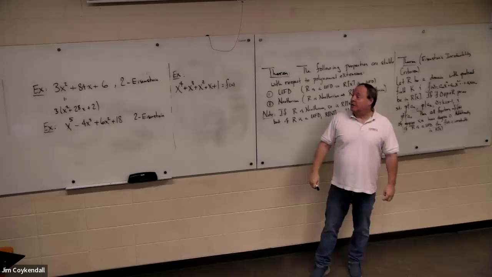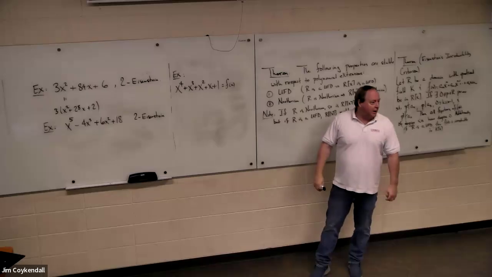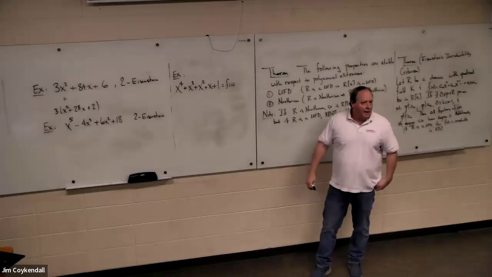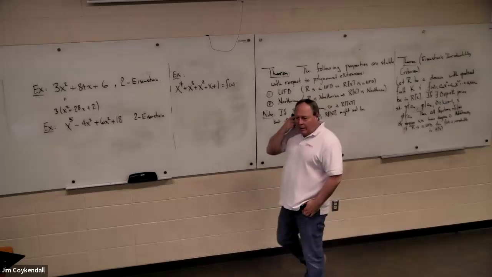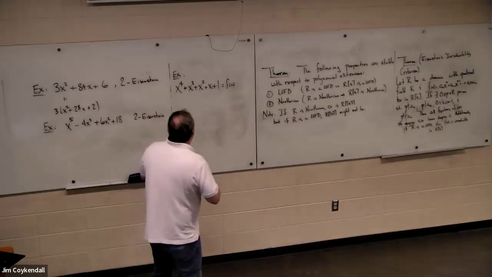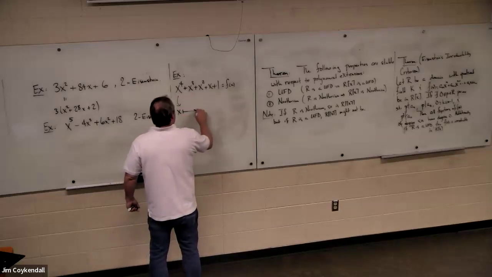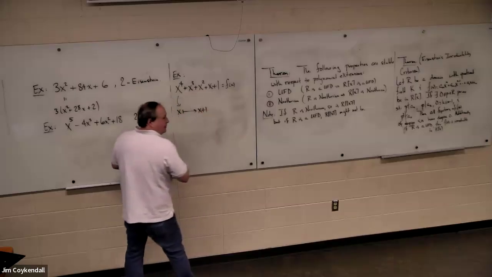My goodness, Jim, you must be drinking too many refreshing beverages out of aluminum cans because there aren't any primes that divide any of these coefficients, right? They're all one. How can this be Eisenstein? Well, sometimes you can do a clever change of variables. Look, replace x by x plus 1.